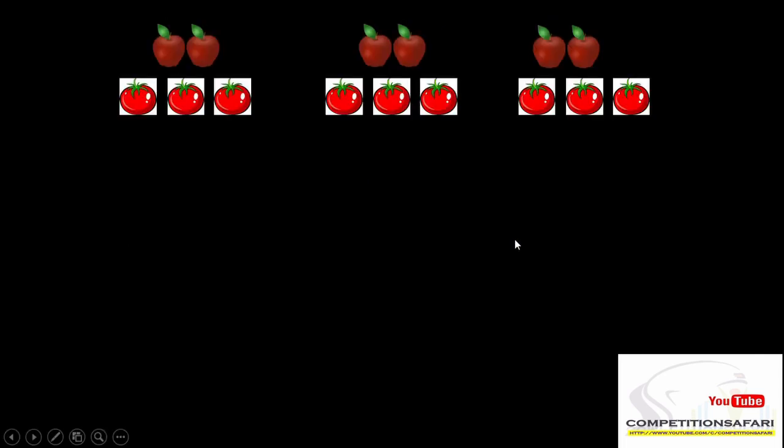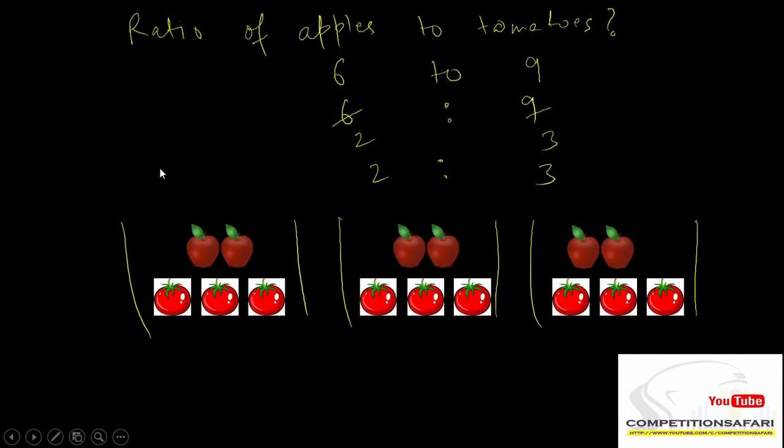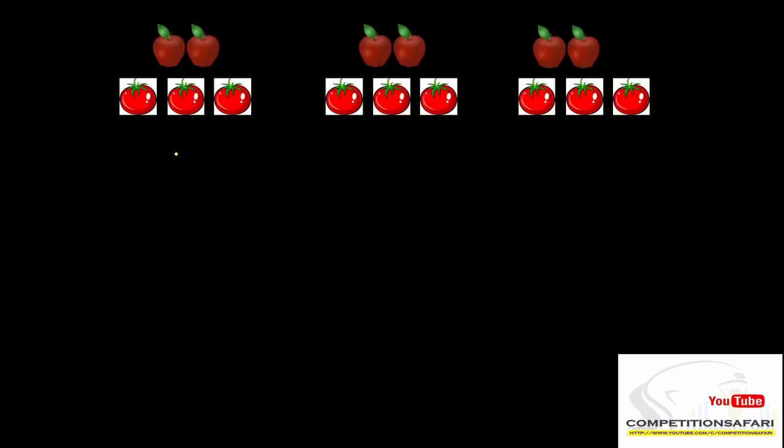One thing to remember is the order of the ratios. Previously we discussed the ratio of apples to tomatoes. Let's see the ratio of tomatoes to apples.